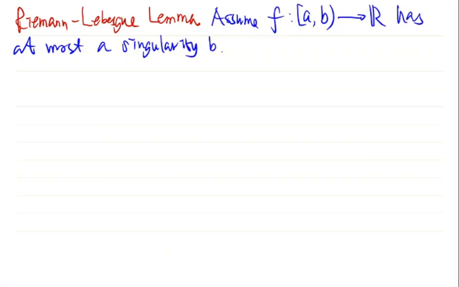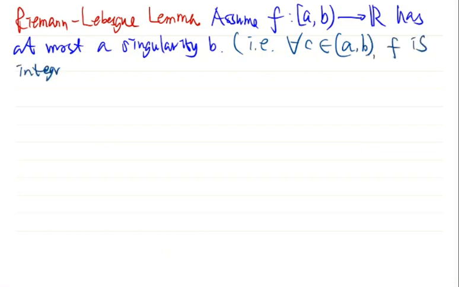That is, for any c in (a, b), f is integrable on [a, c]. Okay, so this is what we say it has at most a singularity.